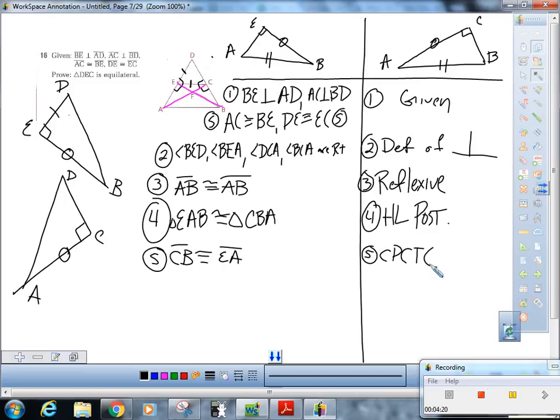All right, let's see. CB, let me label it everywhere. CB is congruent to EA. So I'll go like, I don't know, a box. And then I'll put it here as well.